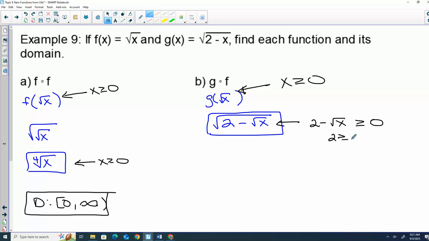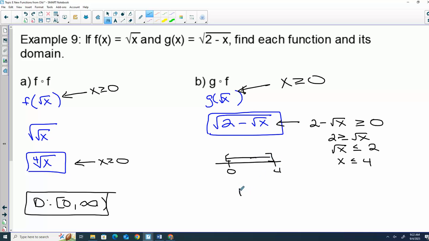Okay. So that means the square root of x is less than or equal to 2. So then what? Okay, so if you square, we have to be bigger than 0 but smaller than 4. If I put those together, bigger than 0, smaller than 4.